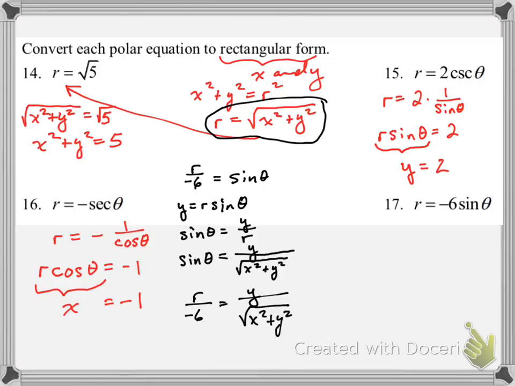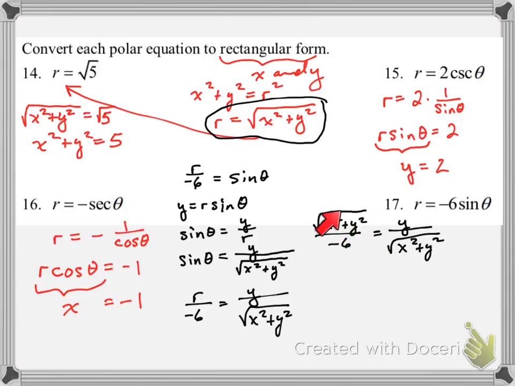And we can input this square root in place of the r. So that's going to give us square root x squared plus y squared over -6 equals y over square root x squared plus y squared. Now this looks like a fairly complicated problem, but it can be simplified because this is a proportion, so we can cross multiply.